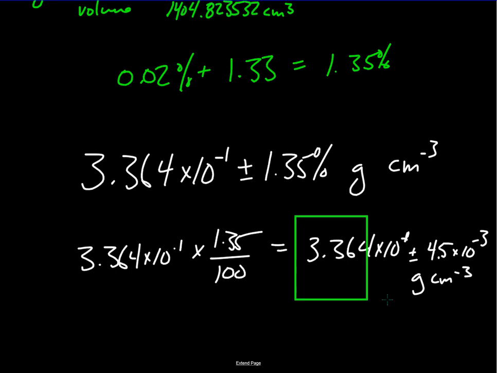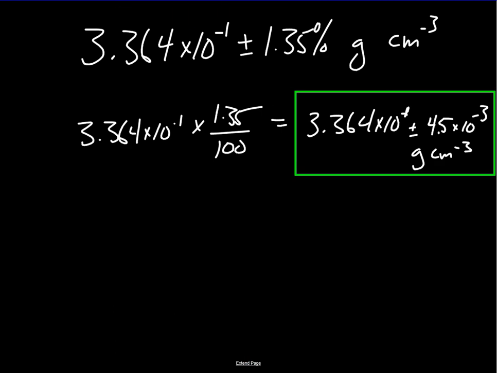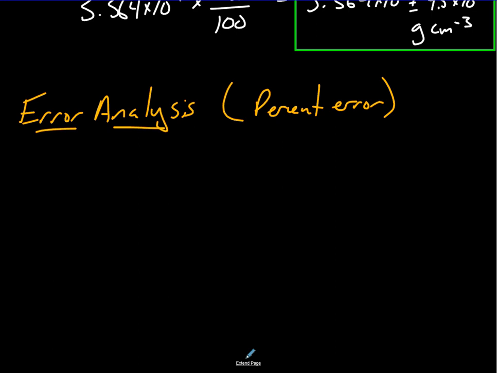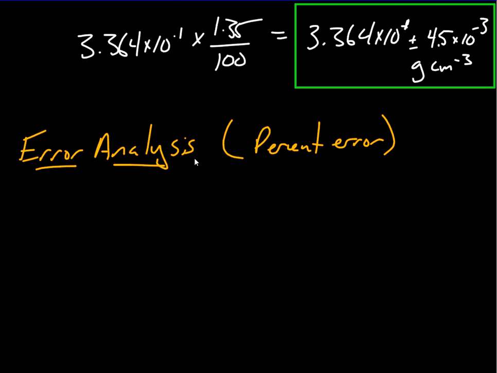Okay, now the next thing that we're going to bring into focus here is called an error analysis. So how do we know if we've done a good job? Some people call this just a percent error. All right, let's say you go to the literature, you go to a big book, and you look up the density of whatever metal it happens to be.